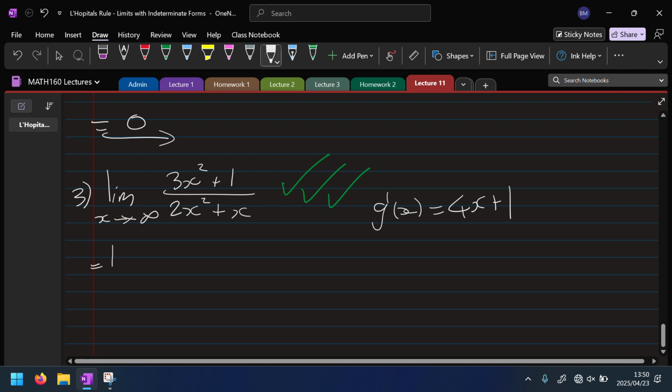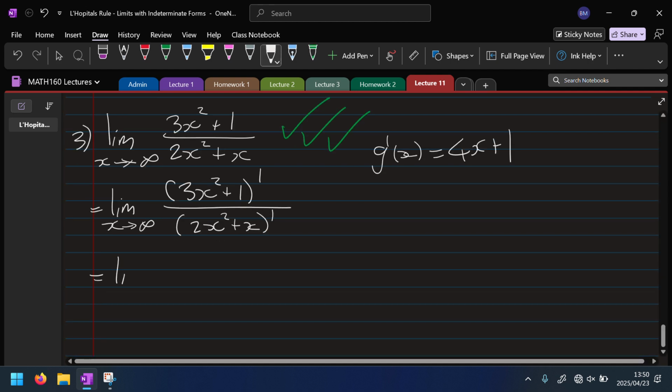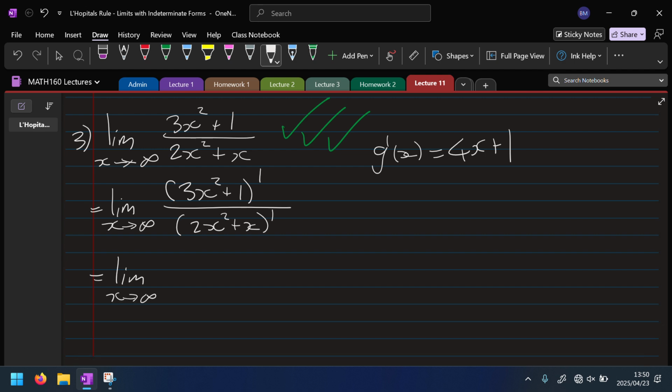So this is going to be equal to the limit as x goes to infinity, 3x squared plus 1 prime over 2x squared plus x prime. So this will be limit x goes to infinity. The derivative of the top, that will be 6x.